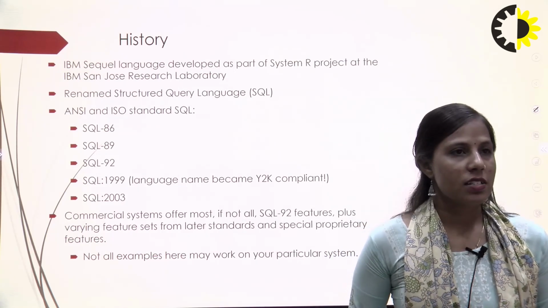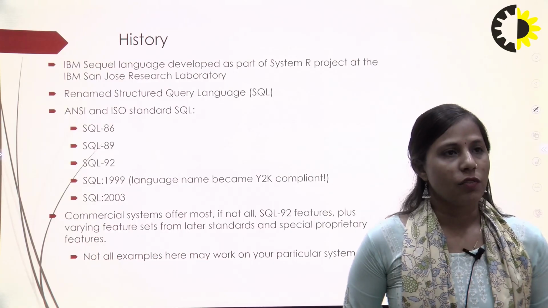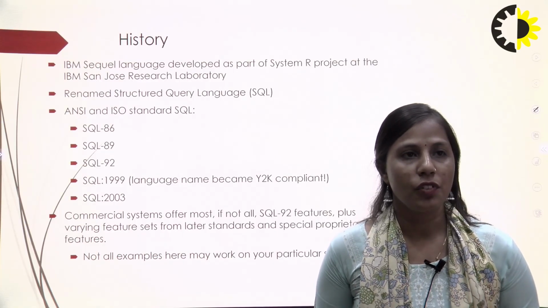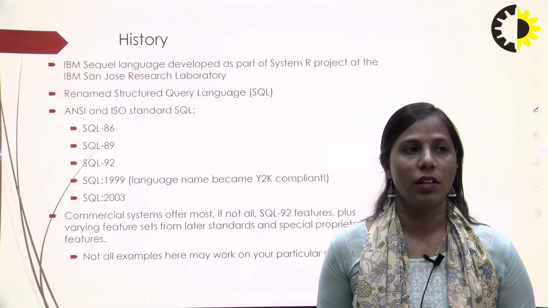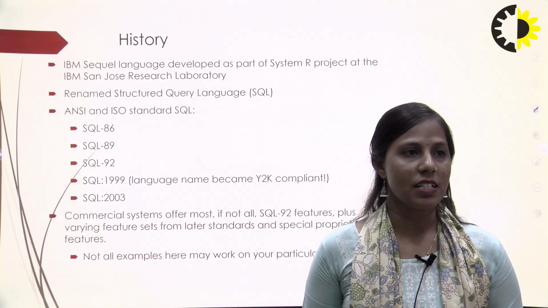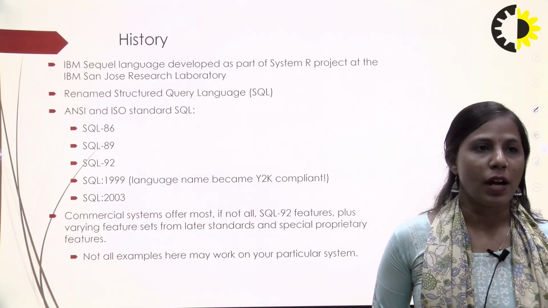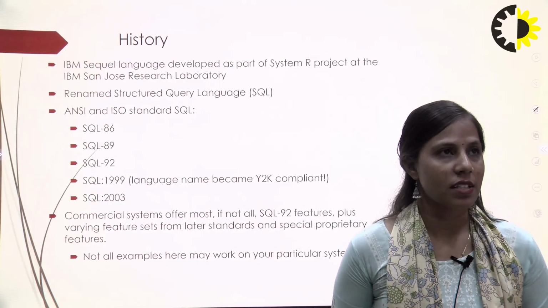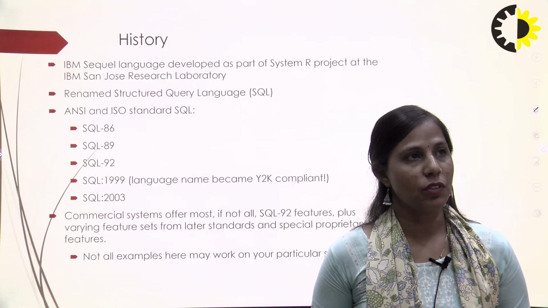Then there are various standards that are followed. For commercial systems, SQL-92 features were used. Varying features were established in this series, so a particular example might not work in a particular system. So these are the various variants and standards of SQL.